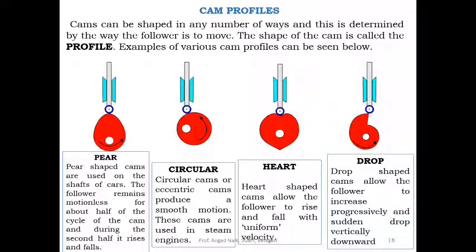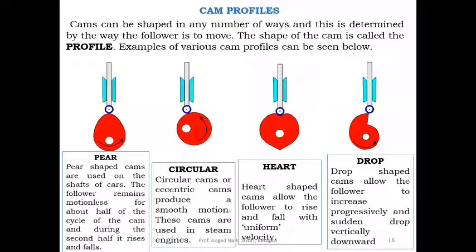The last one is the drop cam, wherein there is a sudden reduction in the cross section, so there is a reduction here. So if the cam is rotating anti-clockwise, there is a gradual change in the diameter, and only in this part there is a sudden change in the radius.